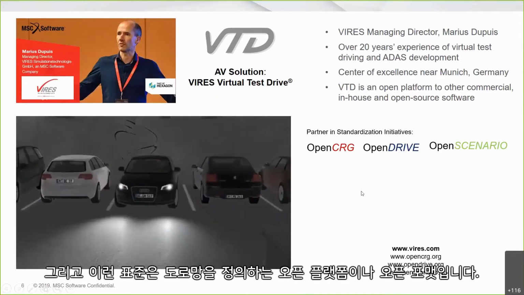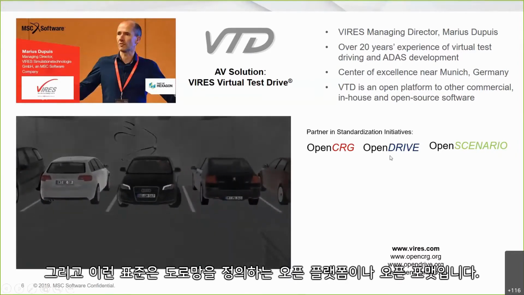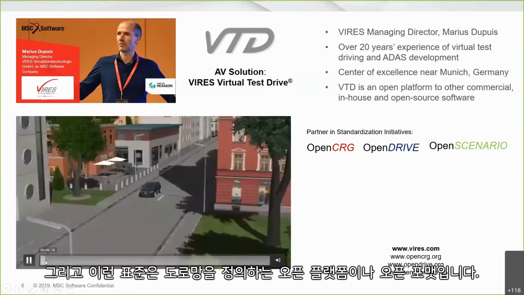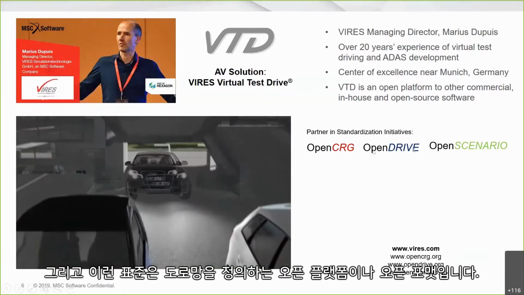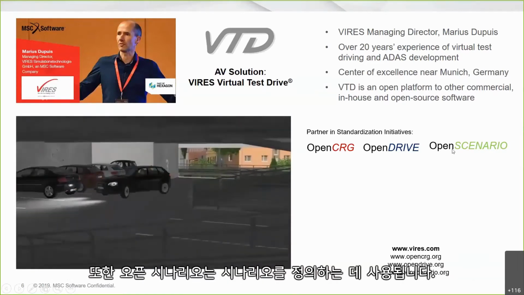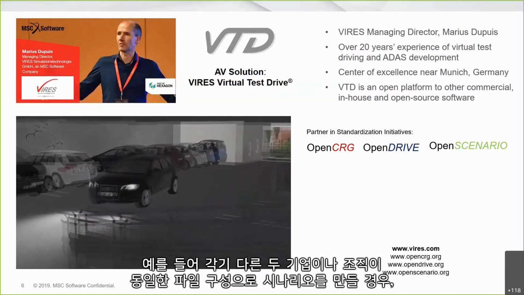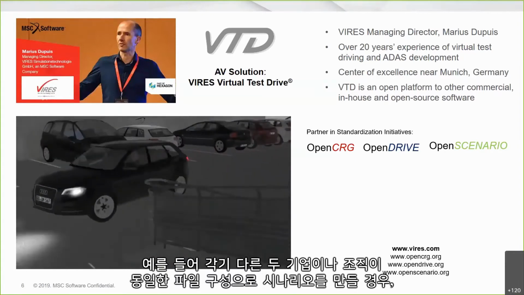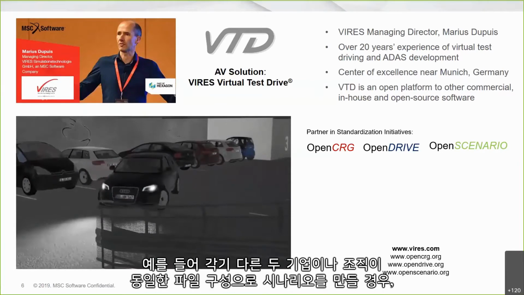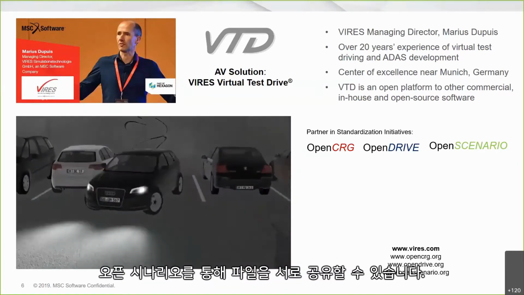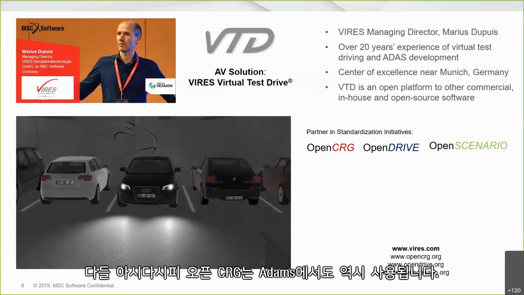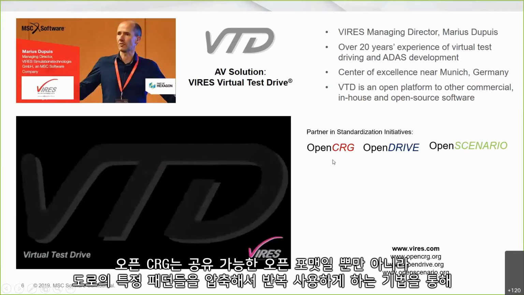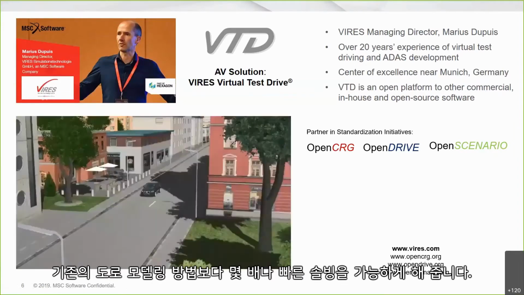These standards define things like the road network, and OpenSCENARIO is used to define the scenario. So when two different companies or organizations create scenarios with the same file configuration, those files can be shared between each other. OpenCRG, as we all know, is also used in Adams. It's a way to define the road surface, especially for rough roads.